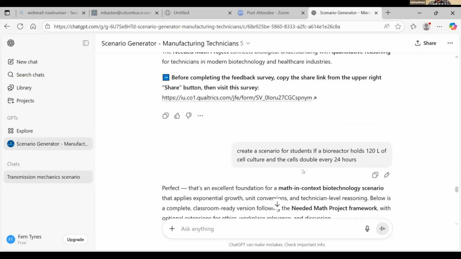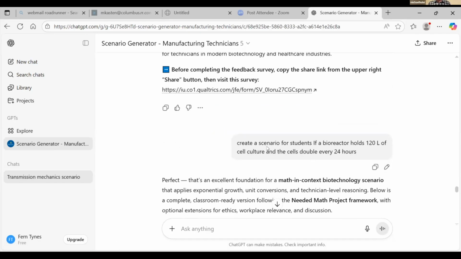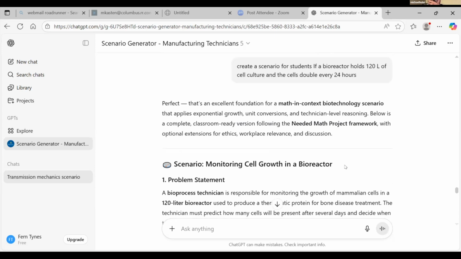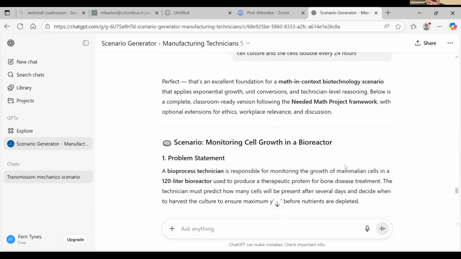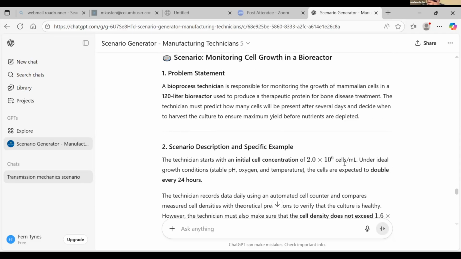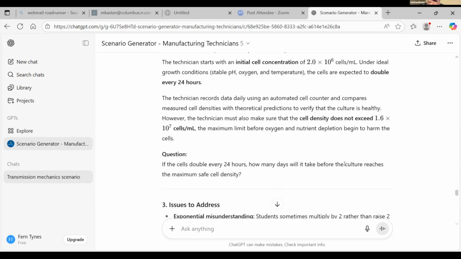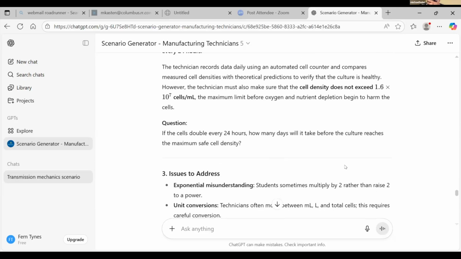Then we have a more specific one, which is create the scenario for students for a bioreactor. It was inspired by the math, and then again we got another problem.